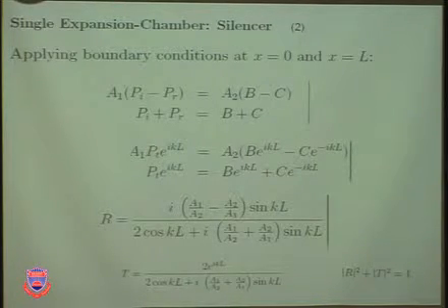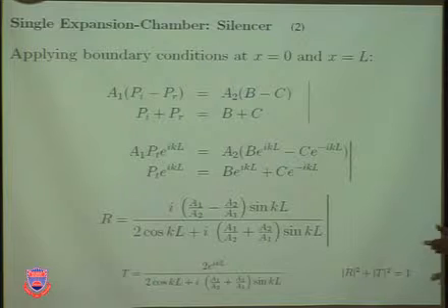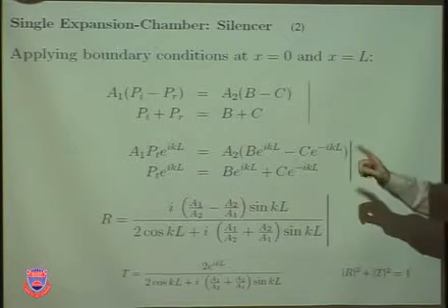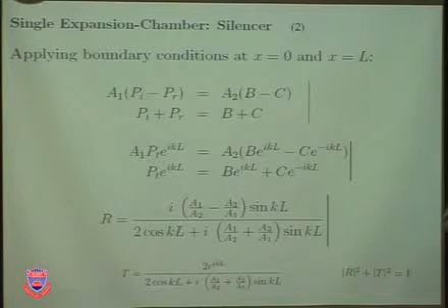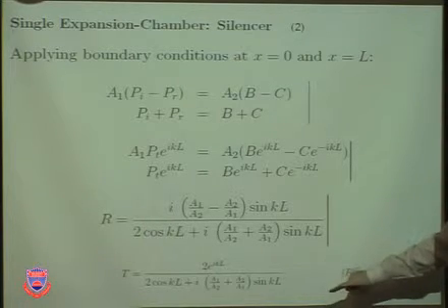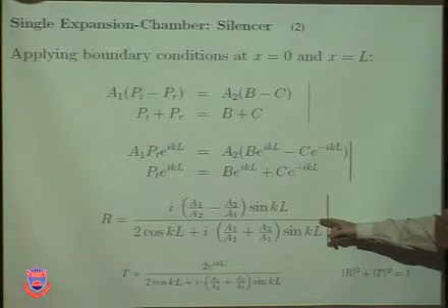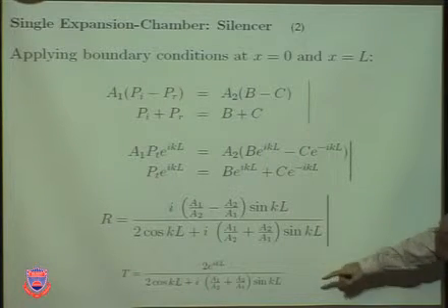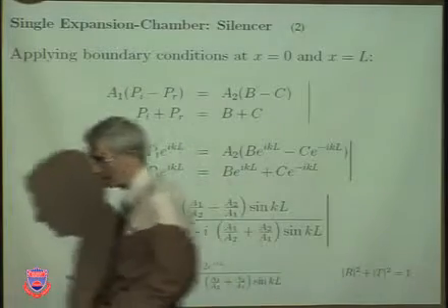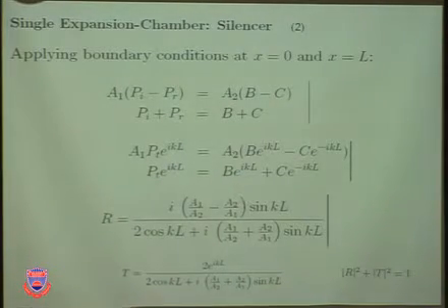Conservation of energy. We don't worry about area because both the reflected part and the transmitted part have the same area. Okay? And so energy is conserved. Make sure that you're able to demonstrate that the absolute square of this and the absolute square of this add up to 1. I would encourage you to do that. I think it's a wise thing to do.